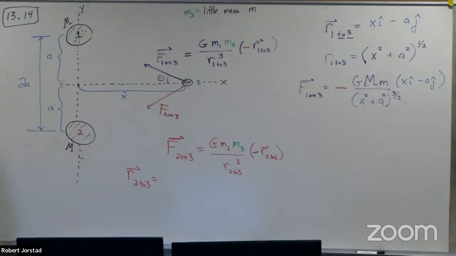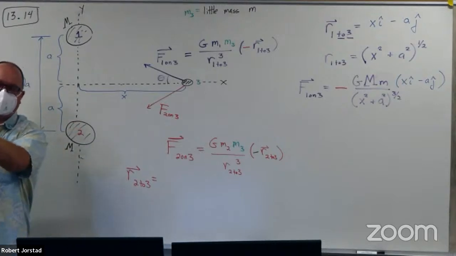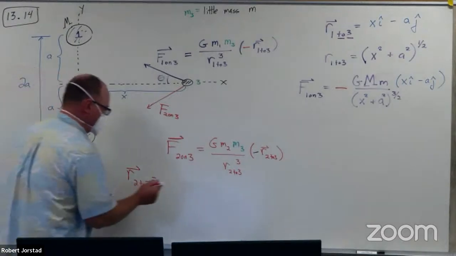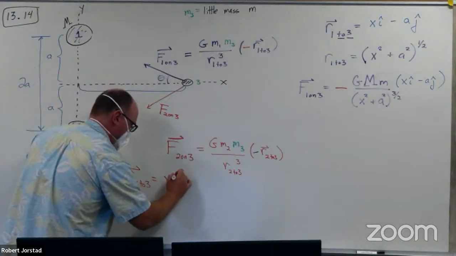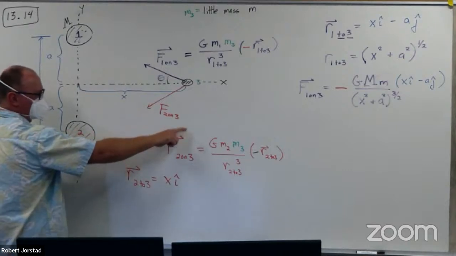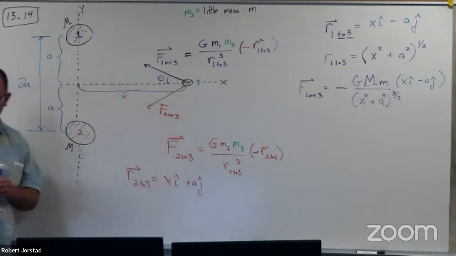No, it will still be x. Take a look. We're going from 2 to 3, positive x, so it flips just half of it. And that's what I wanted to point out. It doesn't flip the whole thing. Once you catch that, you're golden. We're still going x in the I hat. We still go positive x, but we go positive a this time, or positive j hat. You agree?